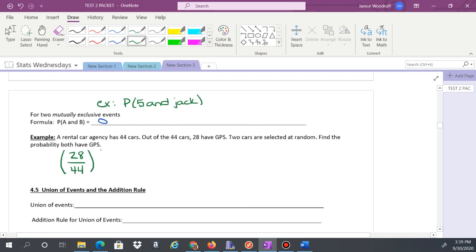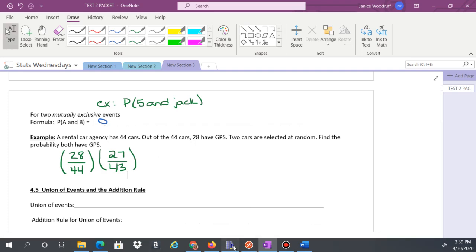The second event, how many cars are left? 43 cars are left. How many have GPS if the first one already did? 27. Okay, so this is what you're going to want to do for an example like this.